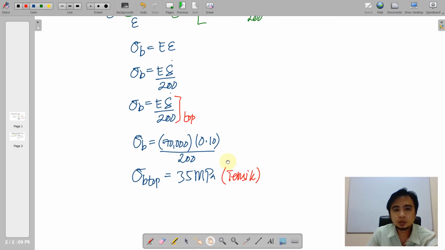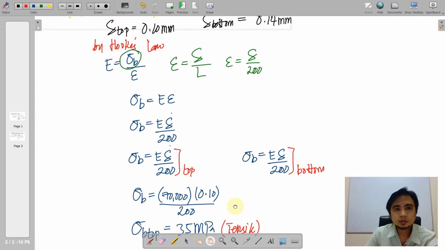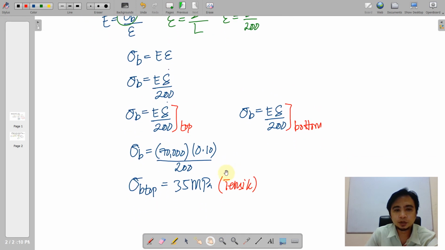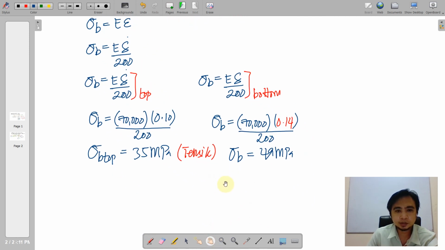And for the other one, we will use the same formula but consider the delta at the bottom. That is 0.14. So we replace that value and come up with the flexural stress on the compression. Okay, compression zone.